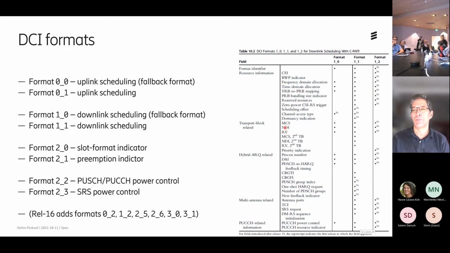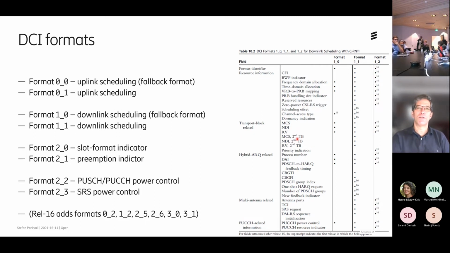Is it a new data transmission, so I should clear my soft buffer, or is it a retransmission that I combine with what I have in the soft buffer? If so, with what redundancy version? Same thing for second transport block, some hybrid ARQ related information. Which hybrid ARQ process is it? Like that, multi-antenna related information, and also where should I transmit my feedback.